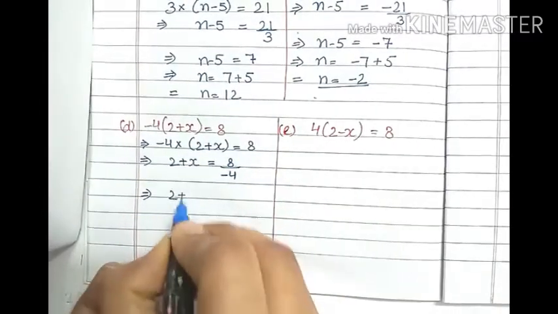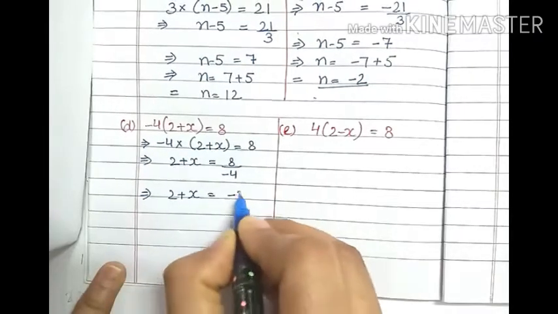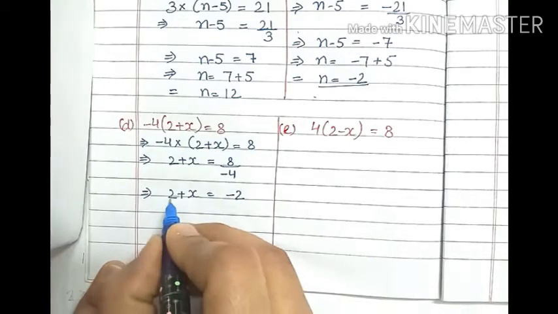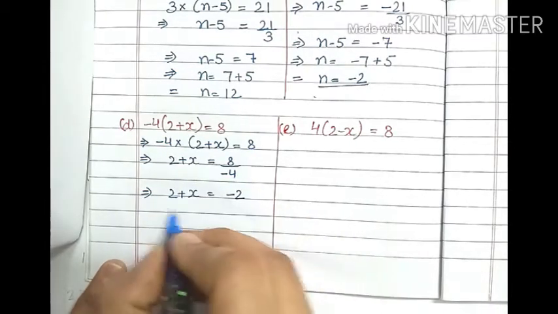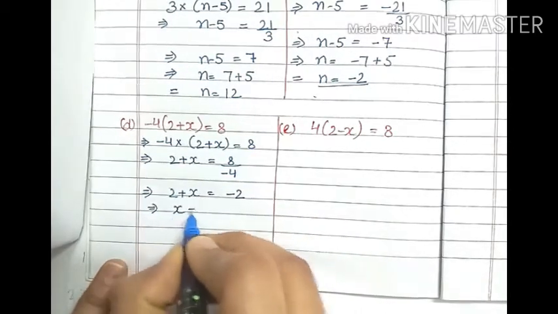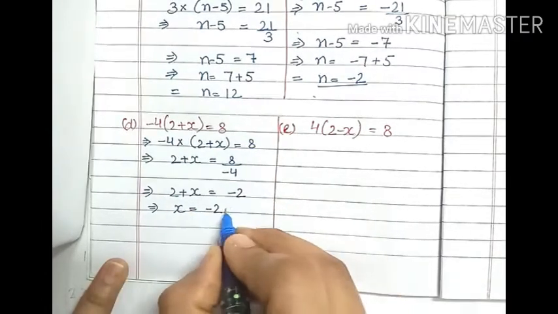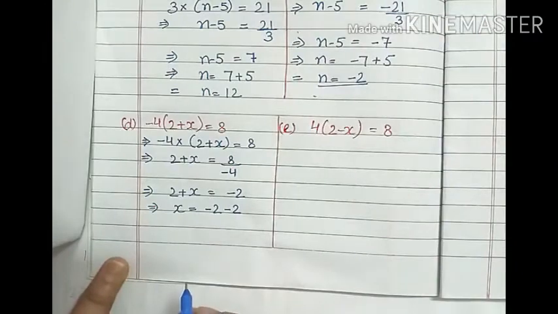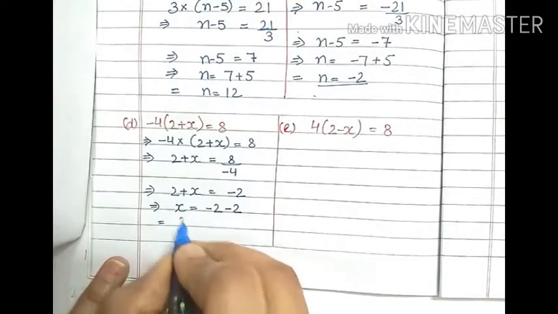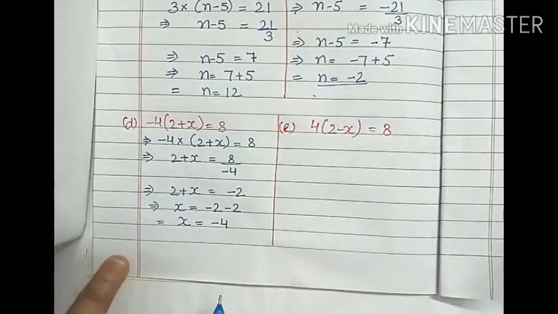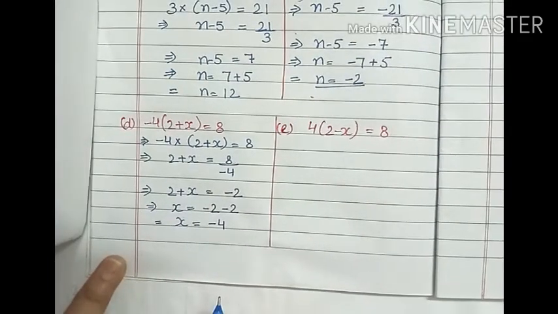So 2 plus x is equal to minus 2, since 8 divided by 4 is 2, and there will be minus. Now we will transpose this 2 to the right hand side and it will come x is equal to minus 2, which is already there, this plus 2 will be minus 2 on the right hand side. So what will the answer be? Minus 2 minus 4, that is minus 4. This is the solution of D part.